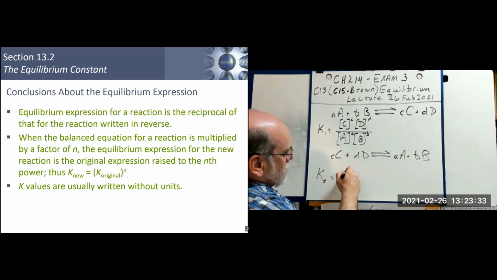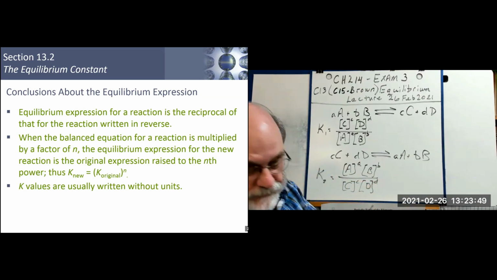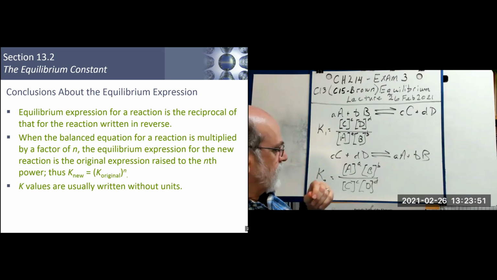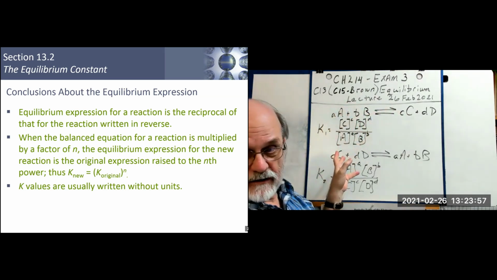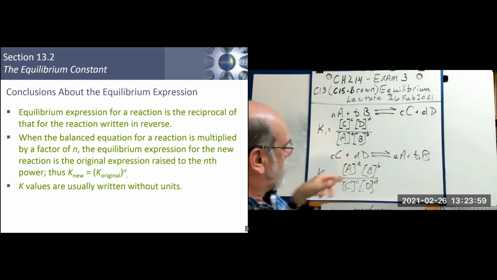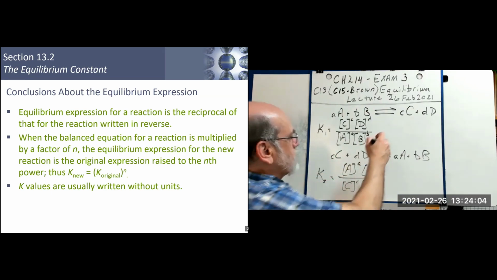Then we would have A on top to a power, and B. And then C on the bottom, and D. Okay? So if you know this reaction and it's given, but you want to study it in the other direction, all you have to do is say, now this K value is equal to the reciprocal.